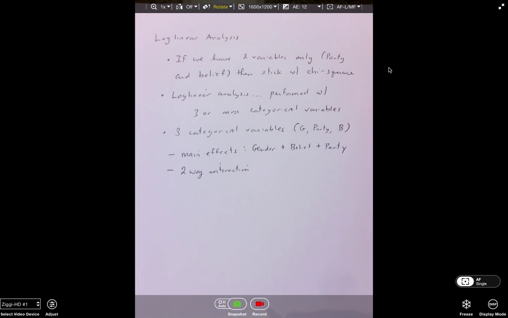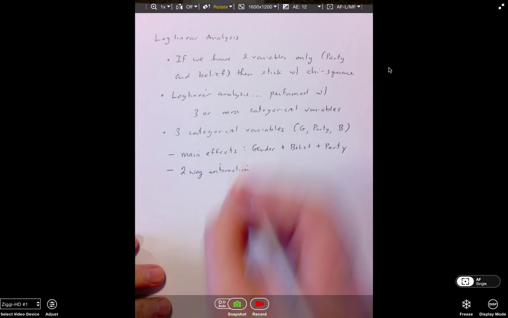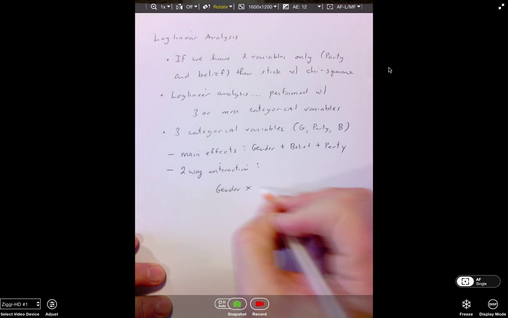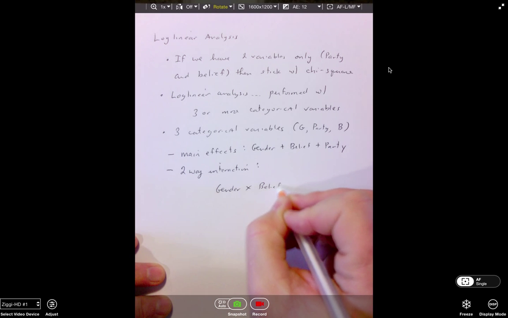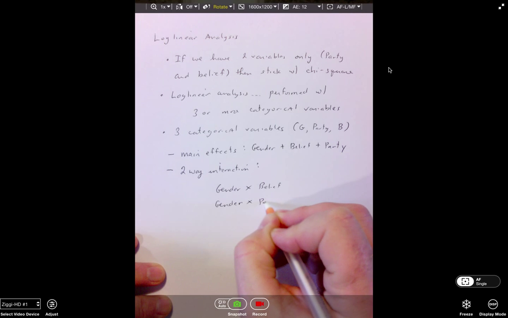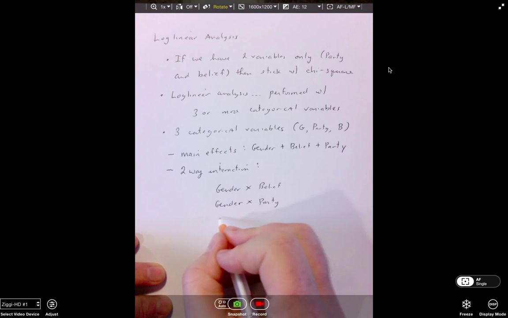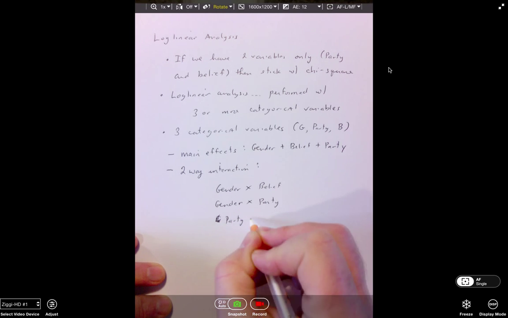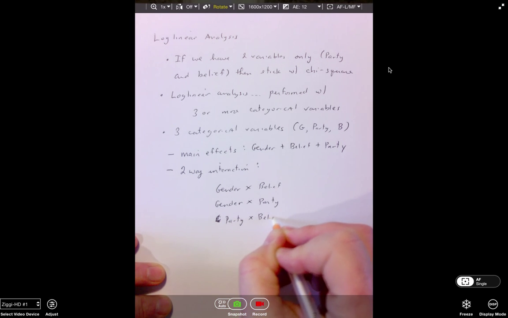And in this situation, it would be our two-way interactions: gender across belief, gender across party, and of course, party across belief.